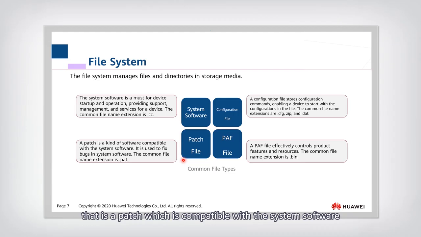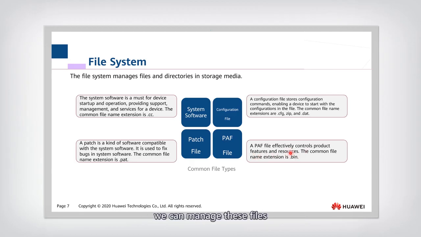That is a patch that is compatible with the system software, and it can fix some bugs or give some updates. And finally, we also have the PAF file. You can think of the PAF file as the control file to control the product features and resources.